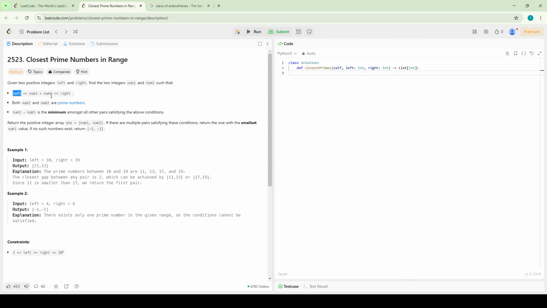Since between left and right there can exist multiple prime numbers, there can also be multiple pairs. So we need to return the pair where the subtraction between num2 and num1 is the minimum.